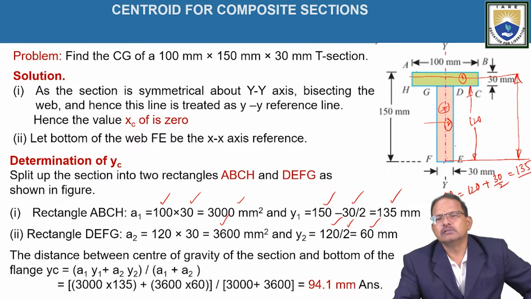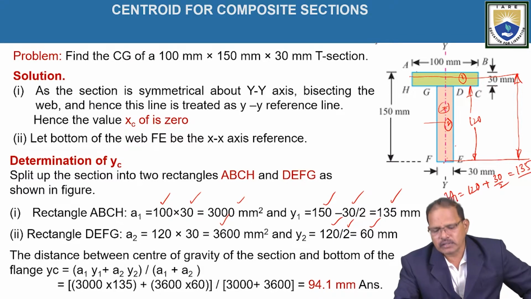Now the distance of the center of gravity or centroid for the above figure from the bottom of the figure, that is from EF, is given by yc is equal to (a1 y1 + a2 y2) divided by (a1 + a2). a1 is equal to 3000 into y1 is 125, plus a2 is equal to 3600 into y2 is 60, divided by 3000 plus 3600.